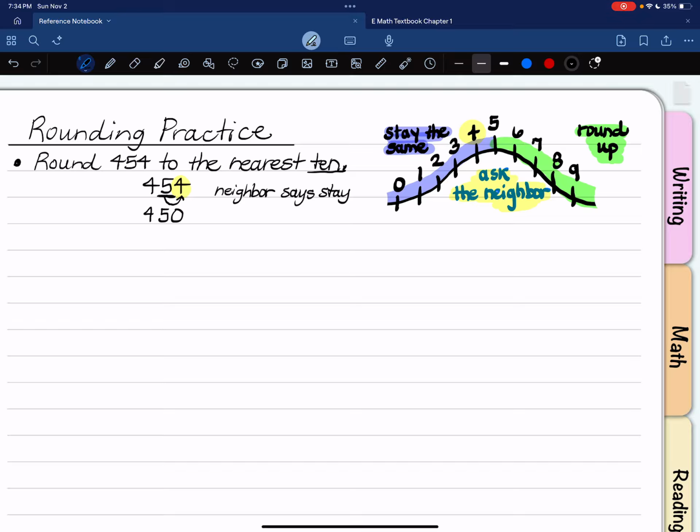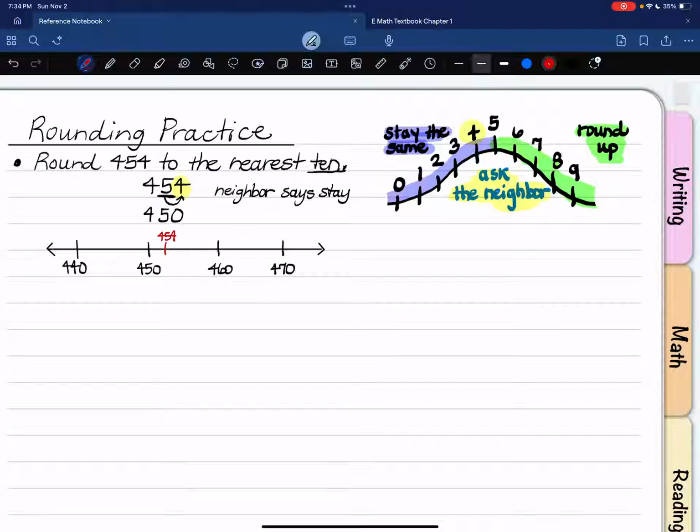And what this is saying on a number line is this. For those who like the straight number line, let's put it down here. We can have 440, 450, 460, 470, and 454 is nearest to 450.